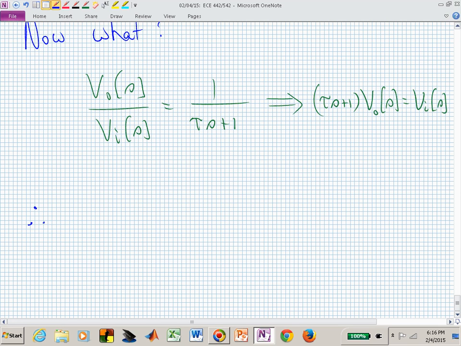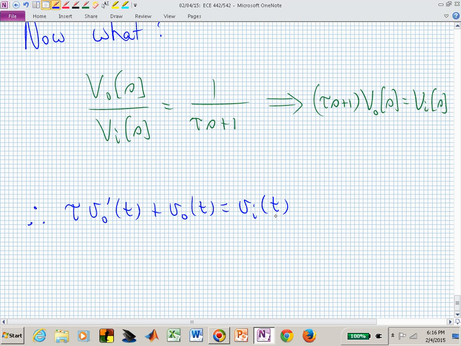What's multiplication by s in the frequency domain? That's differentiation in the time domain, meaning we can now write this as tau V naught prime of t plus V naught of t equaling V sub i of t.